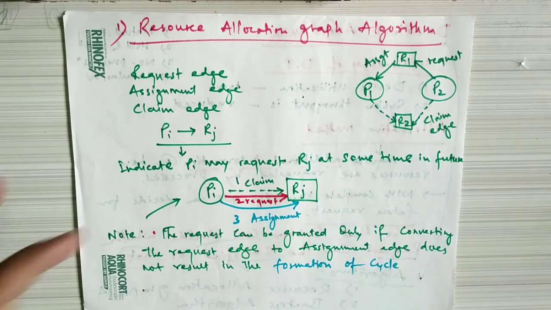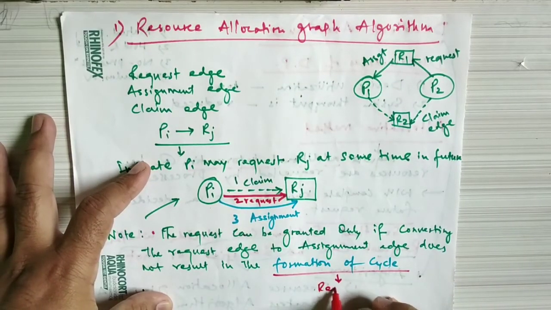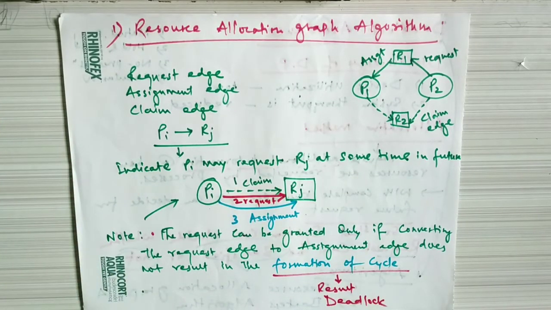What will be the result of the formation of a cycle? It will result in deadlock. We are avoiding deadlock, so we don't have to form a cycle.